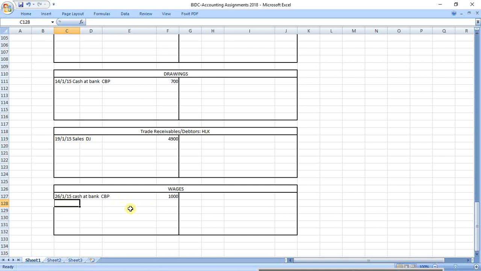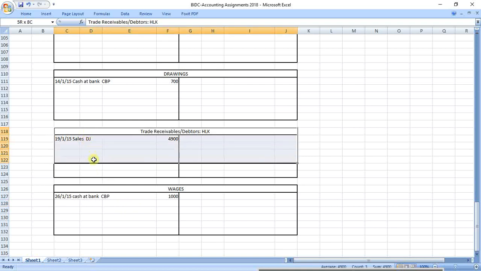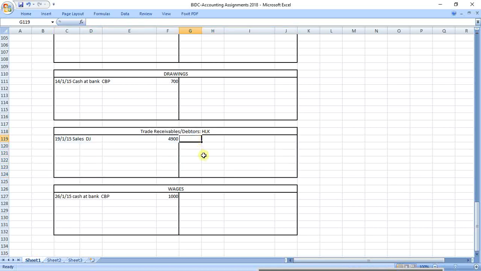Received check from HLK in full settlement of account due. Okay, so this HLK debtor, which is there, what did they do? Full amounts. They paid us. So this is a receipt or a payment? Receipt. It's a receipt. Yeah, so his account will go up or down? Down. And this happened on the 29th.